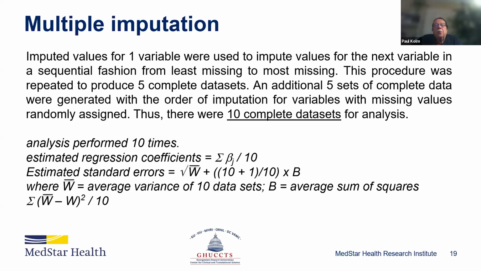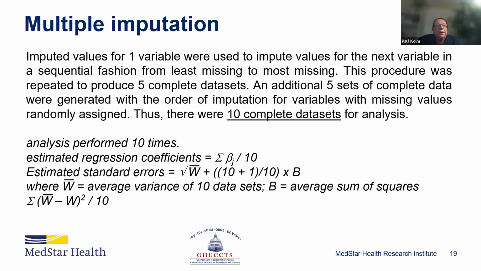But then we also imputed missing values for 5 more data sets, where we just randomly assign them regardless of the amount of missing. And so we had a total of 10 complete data sets. I might also add that it didn't matter whether we did it sequentially or at random. They essentially turned out the same.